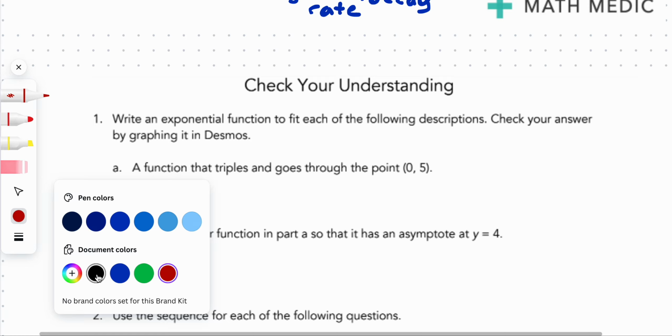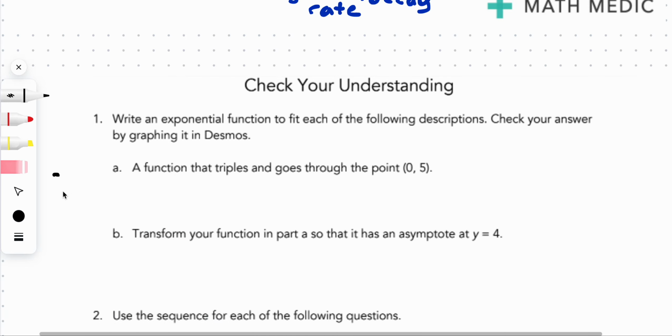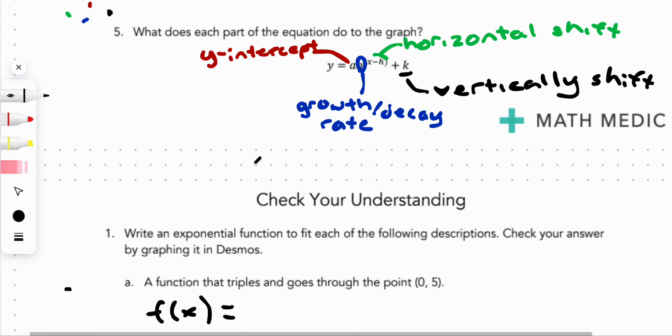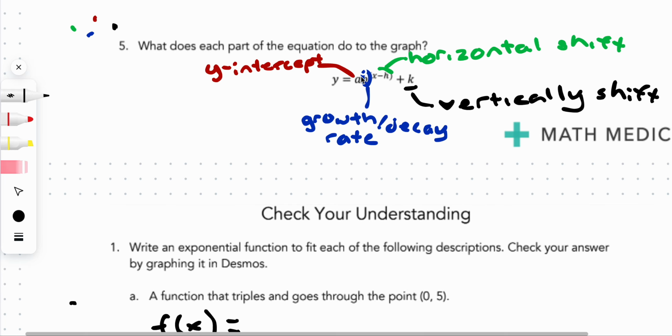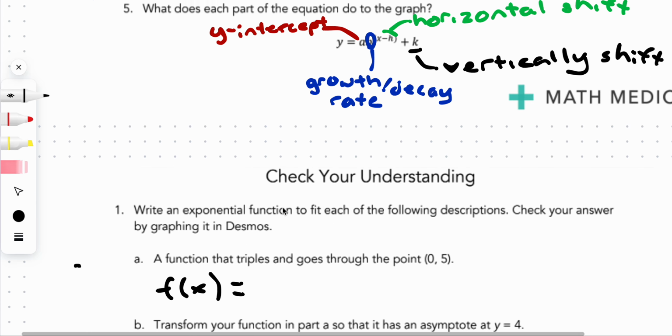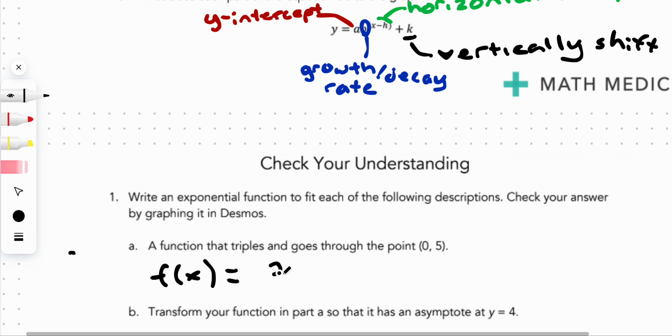So let's check our understanding. A function that triples and goes through the point (0, 5). So you have a function f of x. Triples here refers to our growth/decay rate, so our b value should be 3. We're multiplying by 3 every single time, so 3 to the x. Now it goes through the point (0, 5). You could do this two ways.